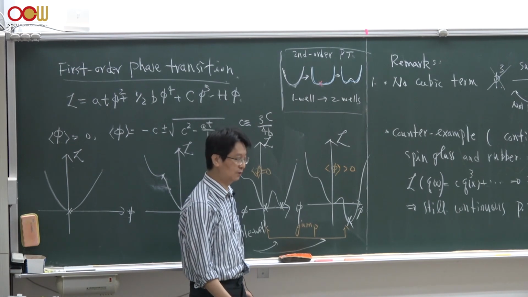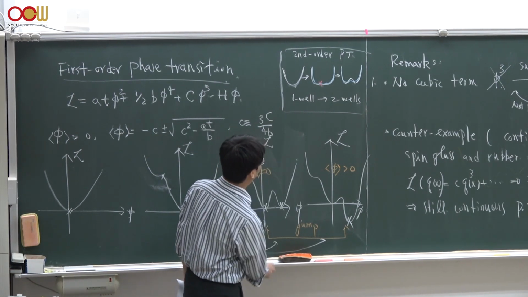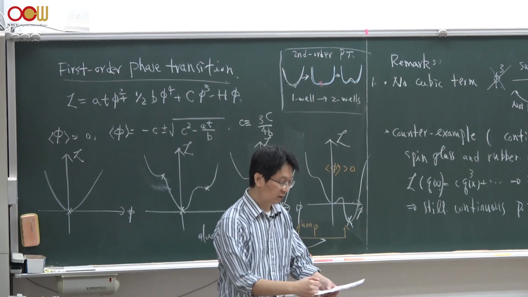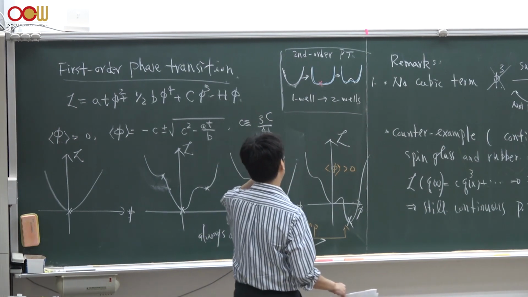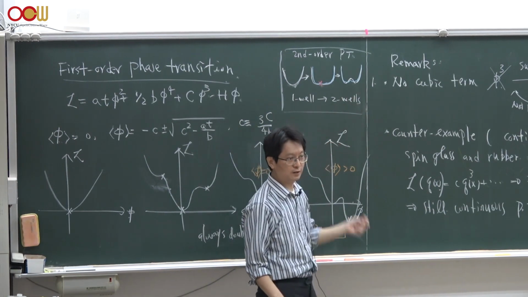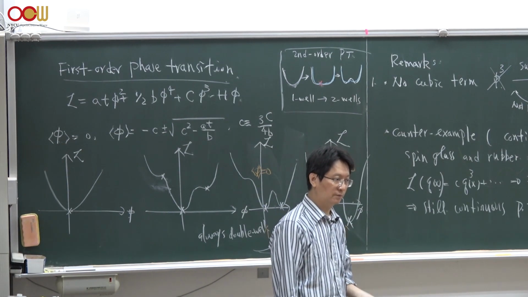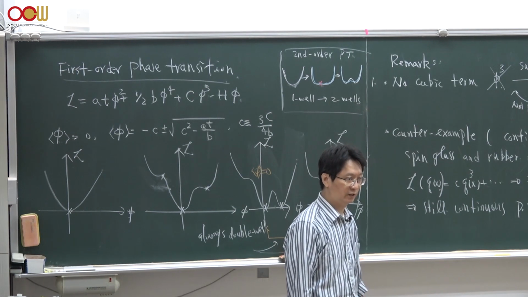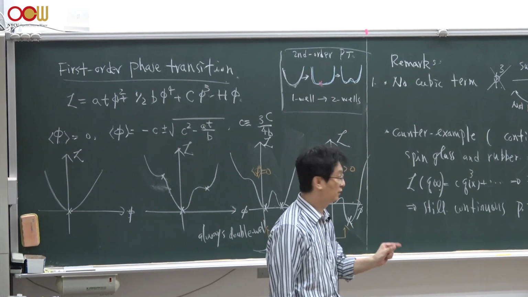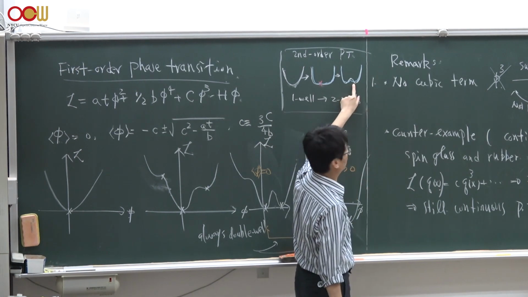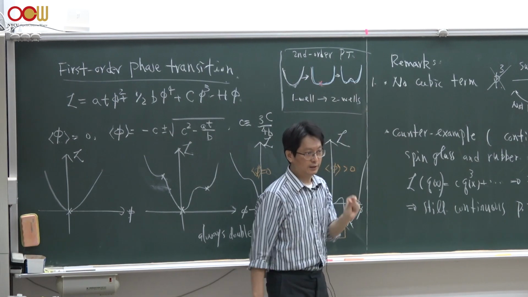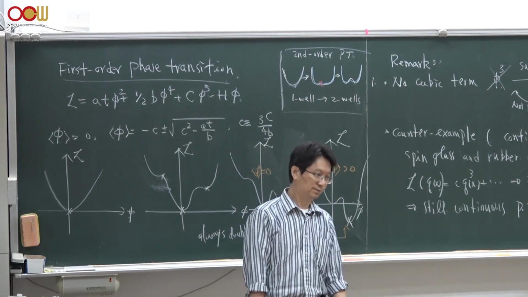So it is possible to continuously evolve the U-shape Landau's free energy density into the double well, which means that your mean field value could be tuned continuously from 0 to a finite value. So the distance between phi equals 0 and another global minima can be tuned continuously.